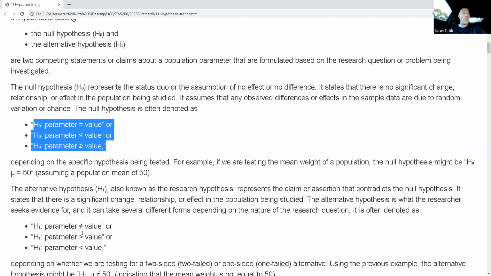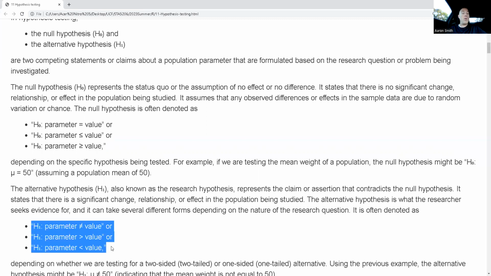And so here are the three ways we present it typically. And you'll notice that we never have equality here. So parameter does not equal value, parameter is greater than value, parameter is less than value. And you'll notice that all three of these are the exact opposite of the three of these.